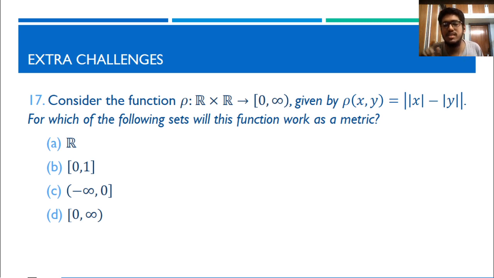This is not exactly the absolute value metric that we talked about. There is a slight difference, and it's not a slight difference, it's a huge difference maybe. And the question is, which of these sets will this function work as a metric?